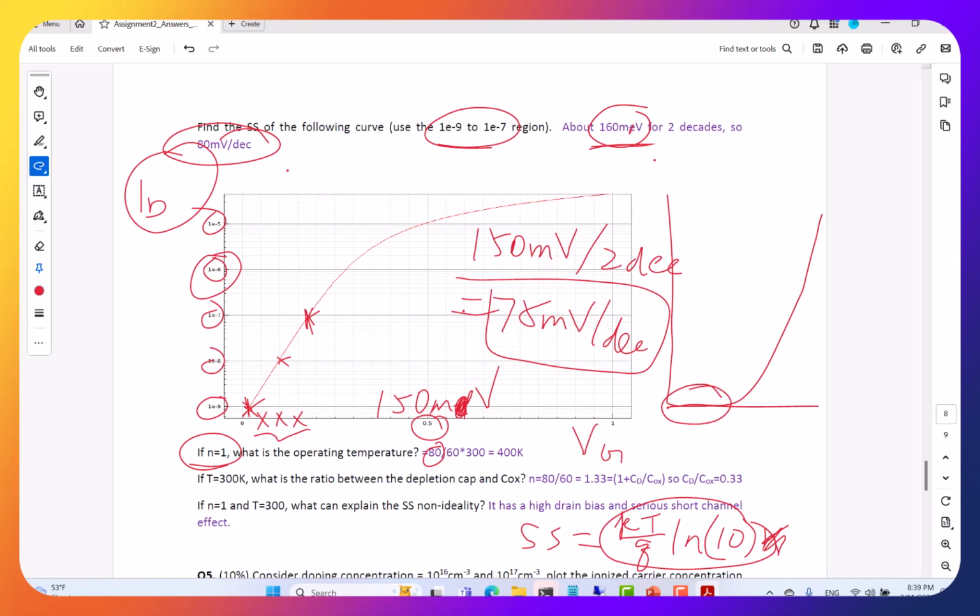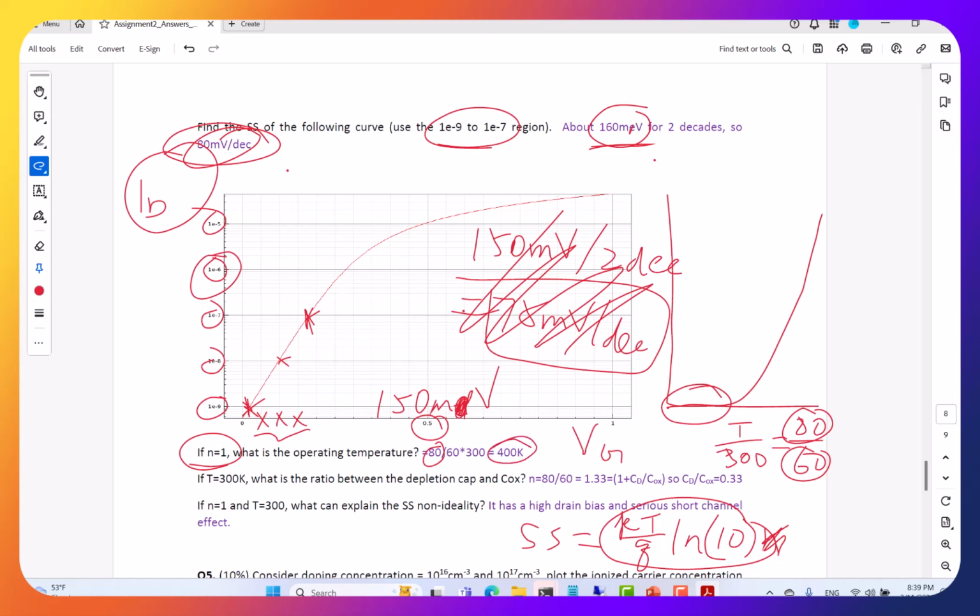So of course I know that the temperature I have divided by 300 must be equal to 80 divided by 60, because I go back to 80 here, because I assume it's 80 millivolt per decade. Okay, so 80 instead of 60, then my temperature divided by 300 must be 80 divided by 60, right? So this is 400 Kelvin.